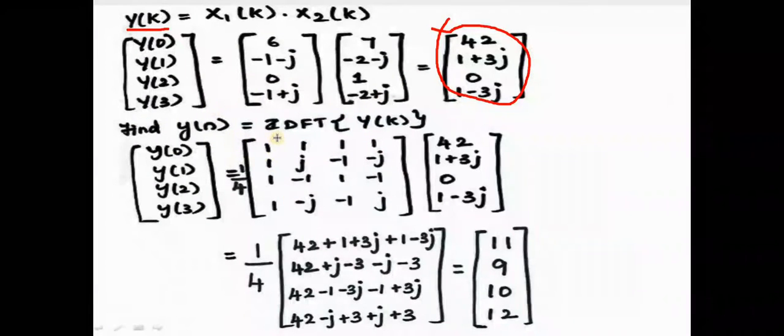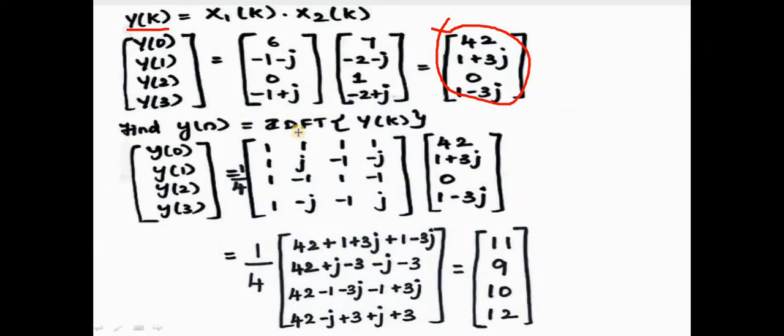So we are finding the inverse discrete Fourier transform of y of k. It's very simple. Just multiply by 1 by N. Actually this format is 1 by capital N. We are finding for n is equal to 4, because we have 4 samples, right?